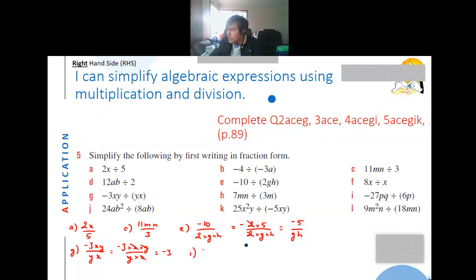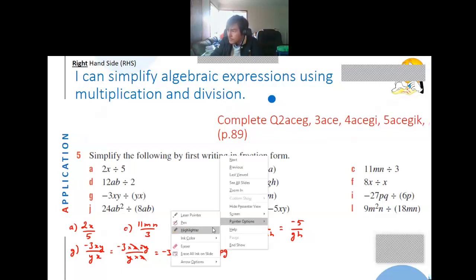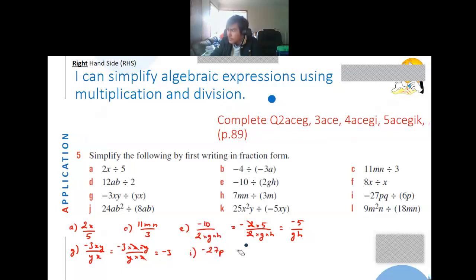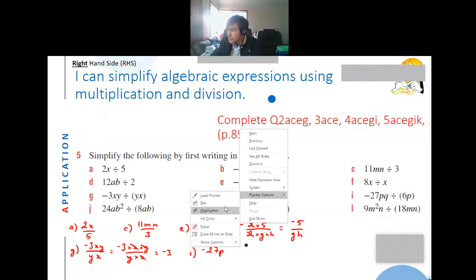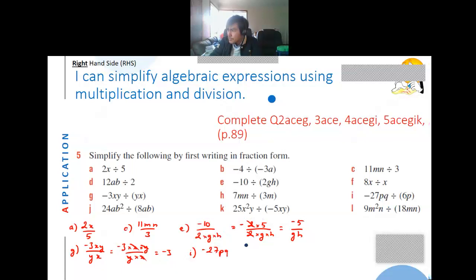All right, I. So we have negative 27 PQ. Oh, Q, not G. Negative 27 PQ divided by 6P.